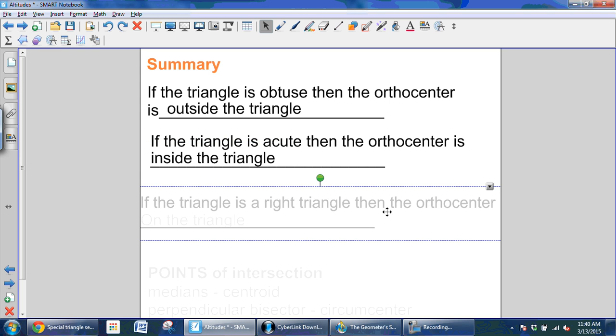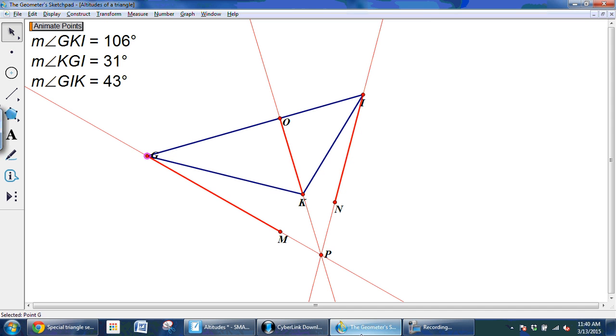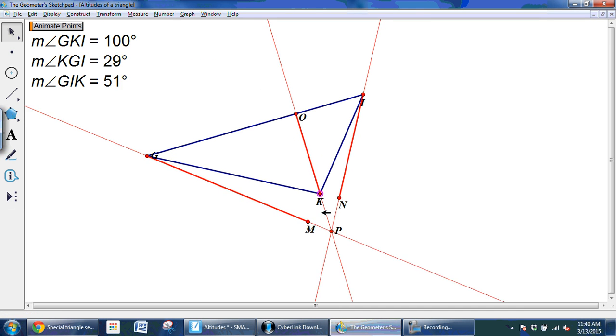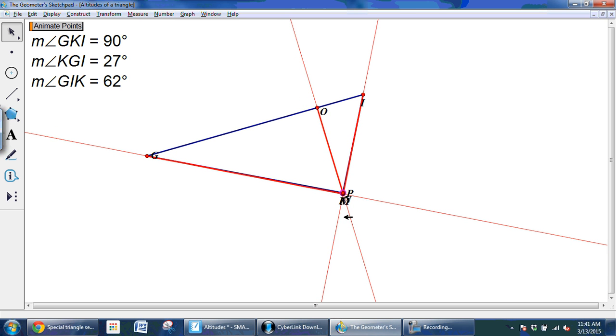What about if it's a right triangle? We didn't talk about that, so let's talk about that now. Let's make a right triangle. So let's see if I can make K 90 degrees. There it is. So what happens when you have a right triangle, as is the case here? You're going to see that the orthocenter is on the triangle, and that's because two of the altitudes are on the triangle.